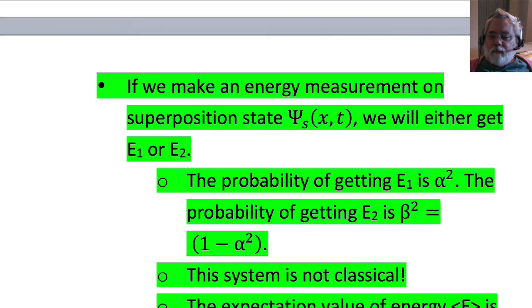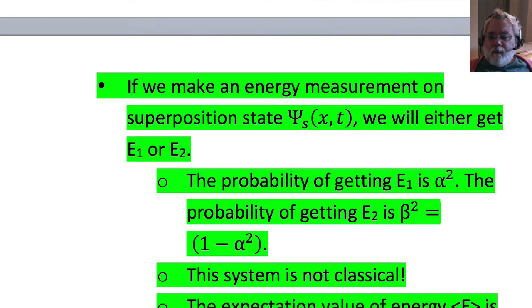This system is not classical. When we measure it, there's not a single result for every measurement of the system. We'll either get energy E1 or energy E2.